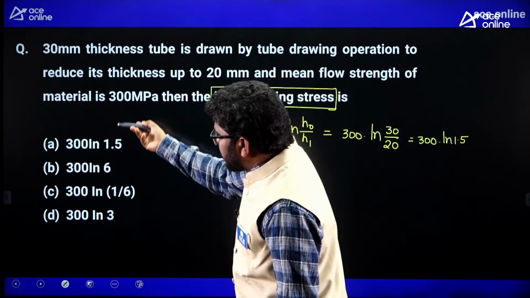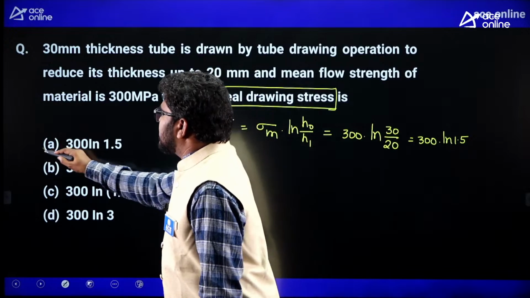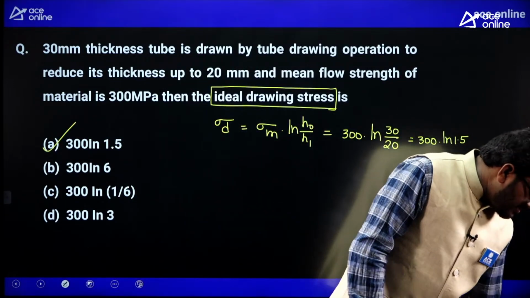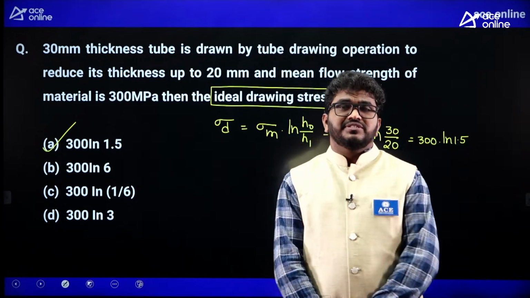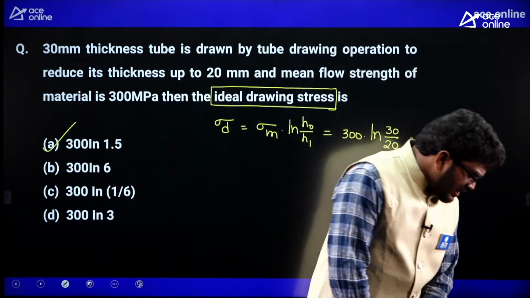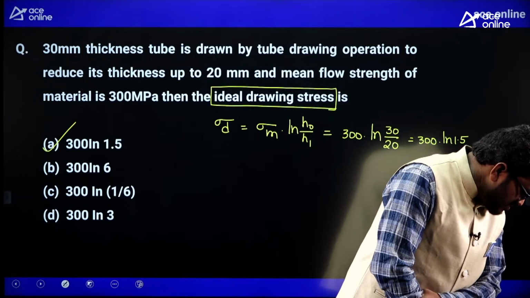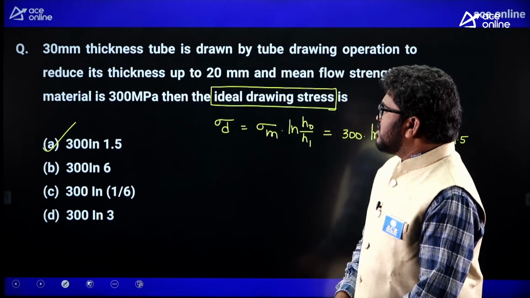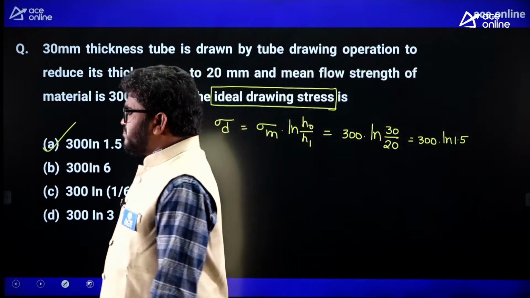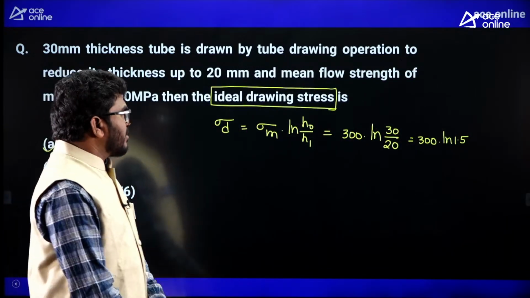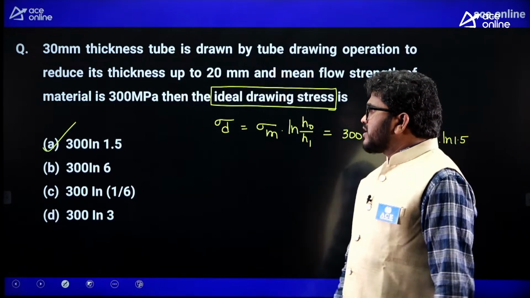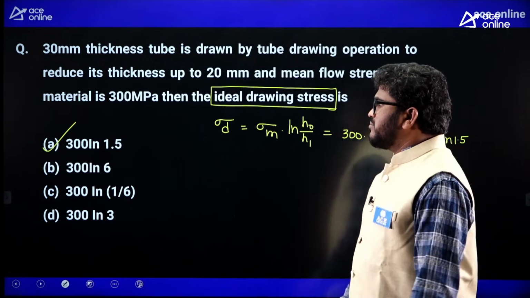So A is the correct answer for this question. Are you getting it, everyone? H0 by H1, 30 by 20, 300 ln 30 by 20.